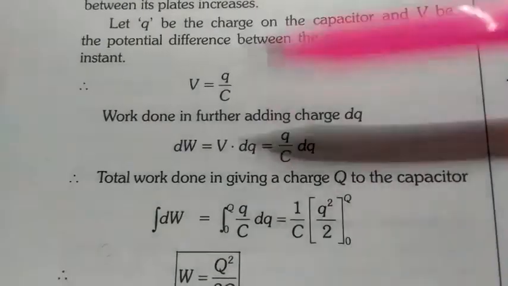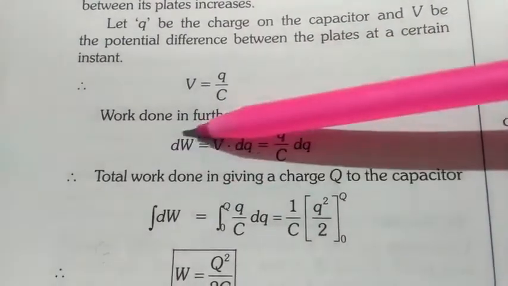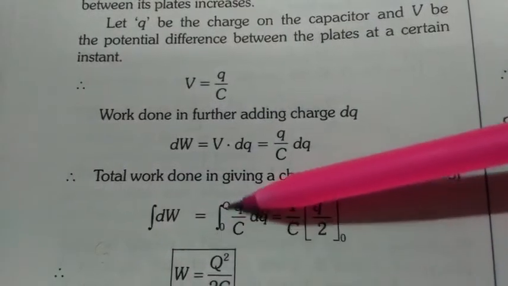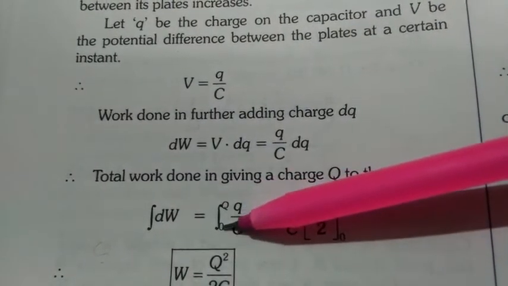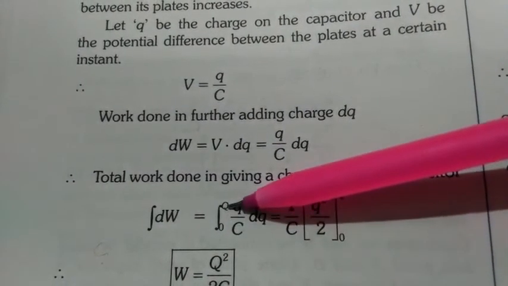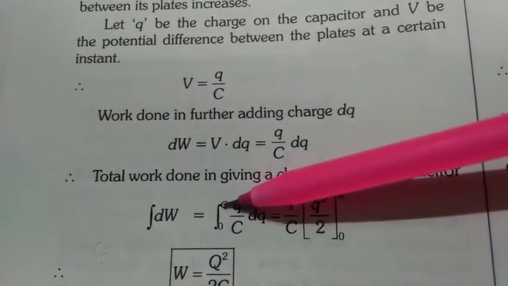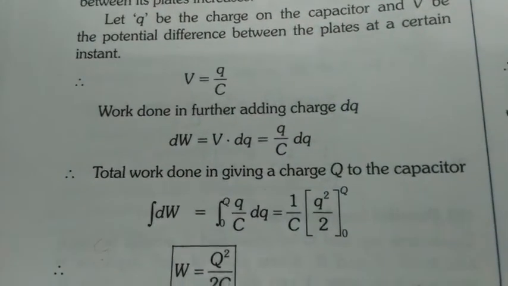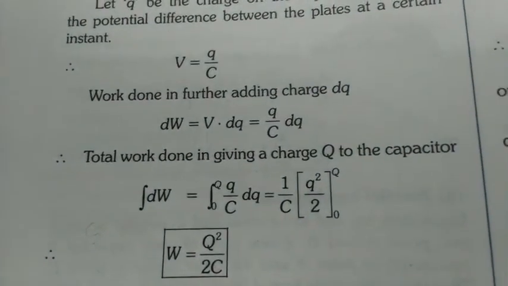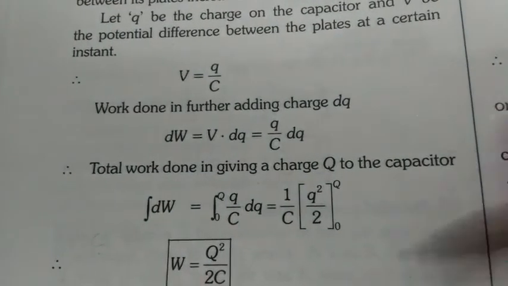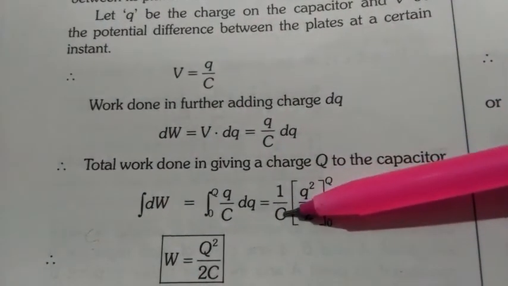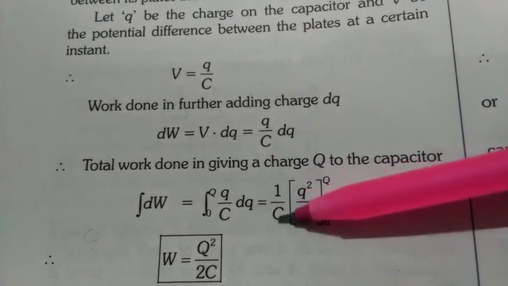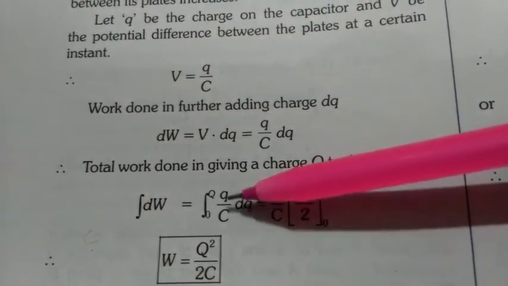Q. So that means we have to integrate this small work from 0 to Q, initially uncharged to a charge Q. So when we integrate this small work from 0 to Q, we get this value. C, capacitance, is constant, so 1 upon C will come out. Okay, we will integrate Q.